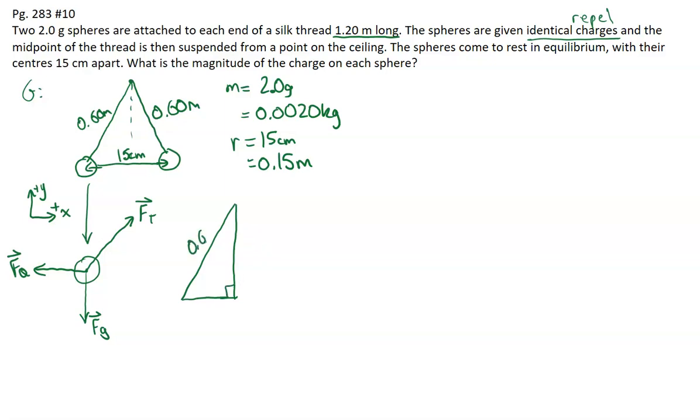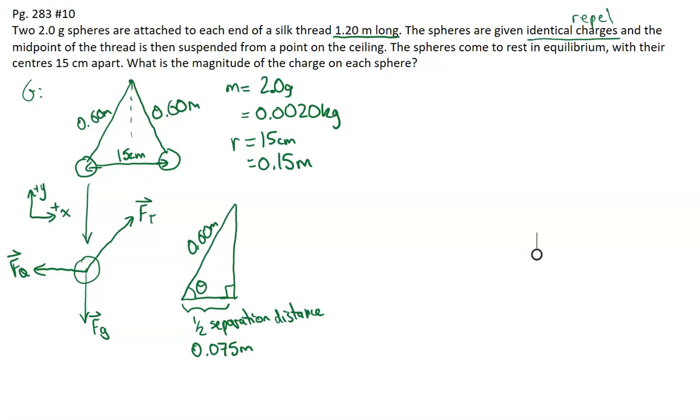I know this is 0.60 meters, and this is half the separation distance, that's going to be a value of 7.5 centimeters, or 0.075 meters. And so if I have those things, I can determine this angle, because that's going to help me with the force of tension. I'm going to call that angle theta.